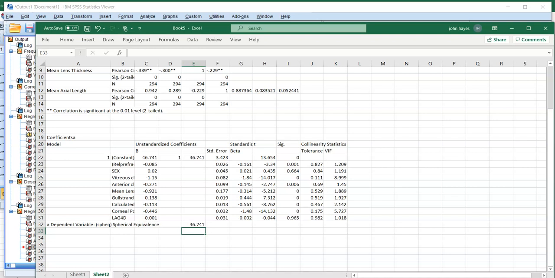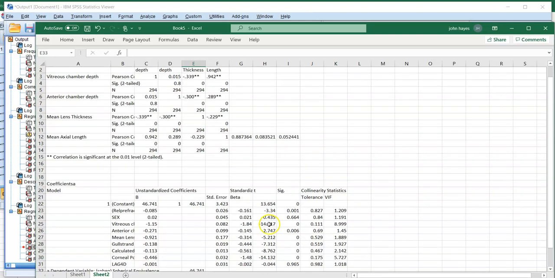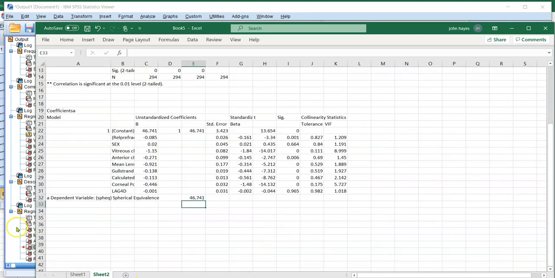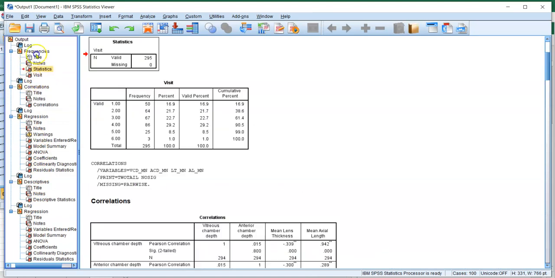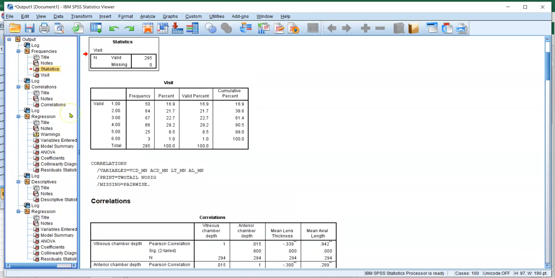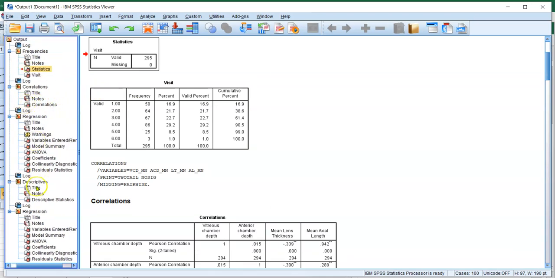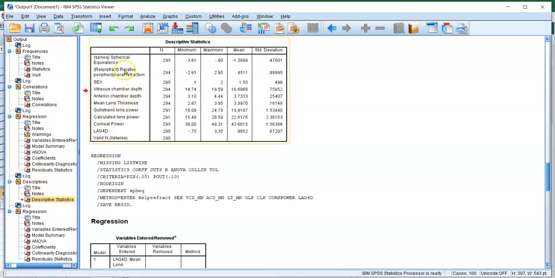And then I want you to compare the mean spherical equivalent, this mean right here, to the mean we got with the descriptive statistics. Oh, here they are, descriptives. The overall mean was minus 1.399.